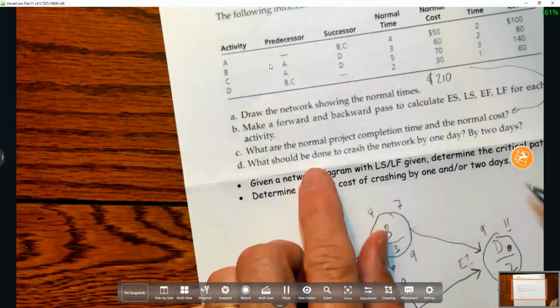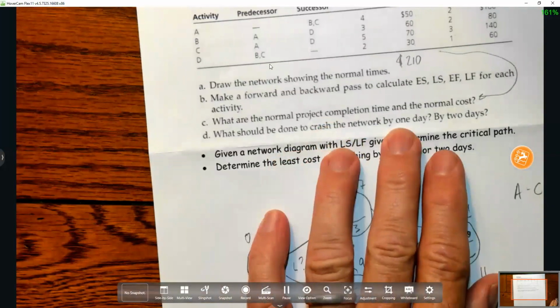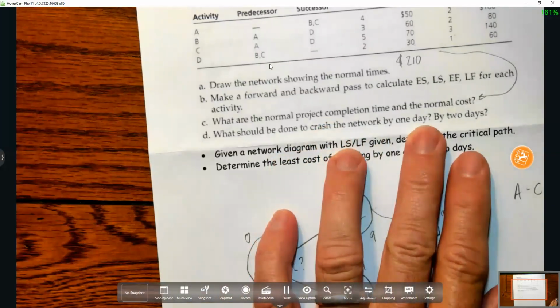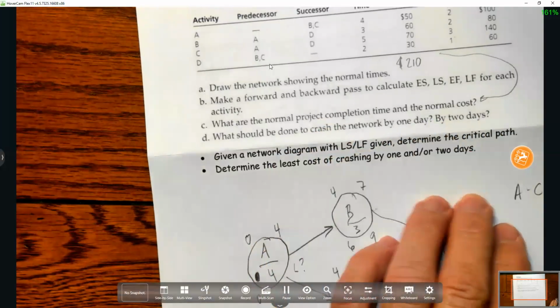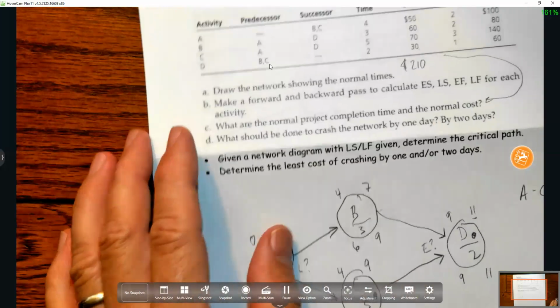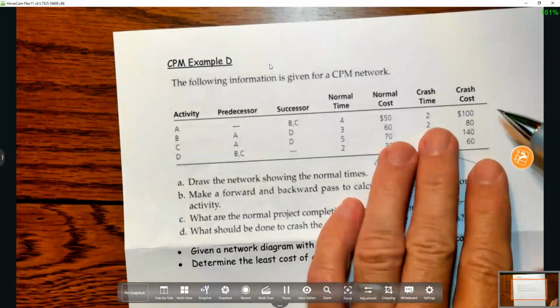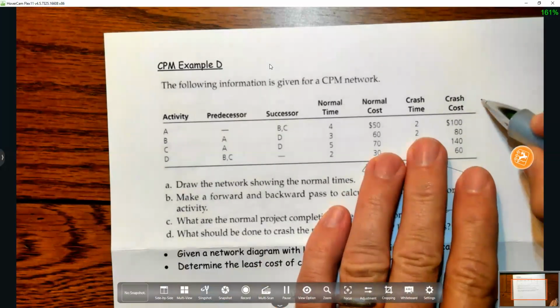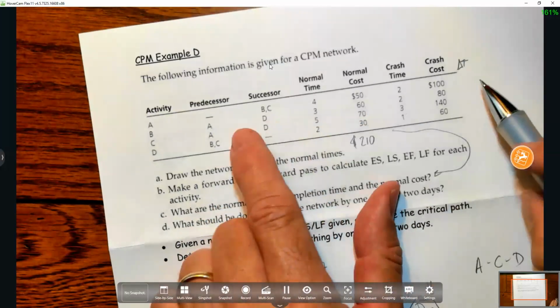And it says, what should be done to crash the network by 1 day and then by 2 days? So it has 2 different questions. It's always a little bit tricky because it doesn't ever give me enough room. So I put my delta time, T, and I'm just going to do this piece by piece.